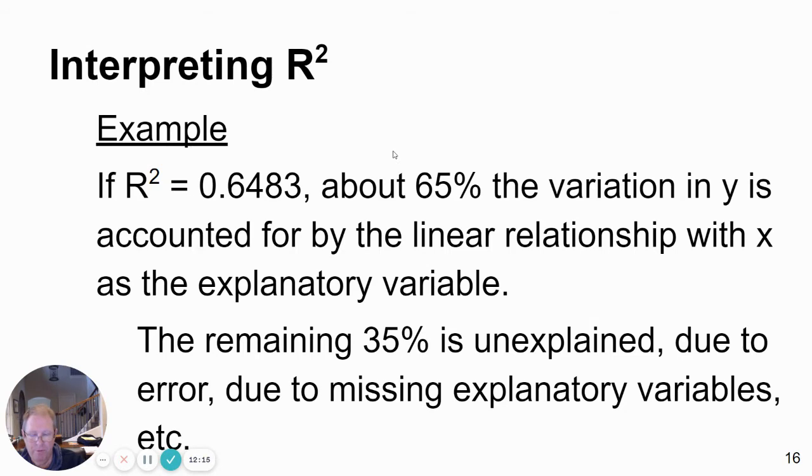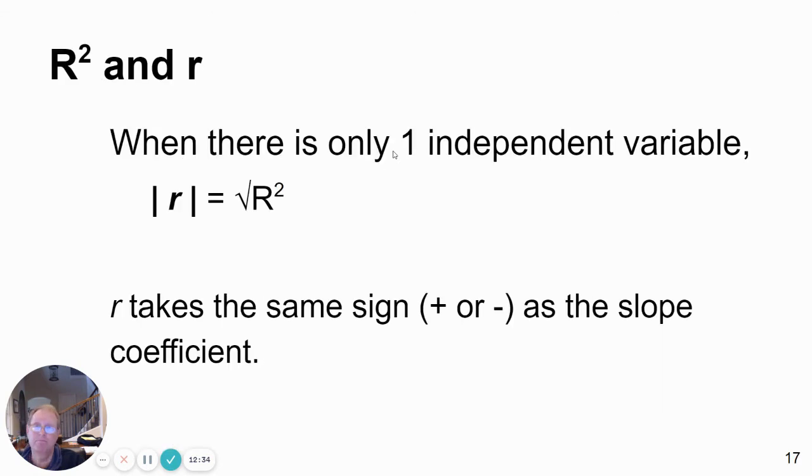That is, you're going to replace the reference to Y with a reference to the dependent variable in the problem. So if 65% of the variation in Y is explained by my linear relationship, that means I have 35% unexplained, and that might be just due to random error, or I might be missing some explanatory variables, something like that.